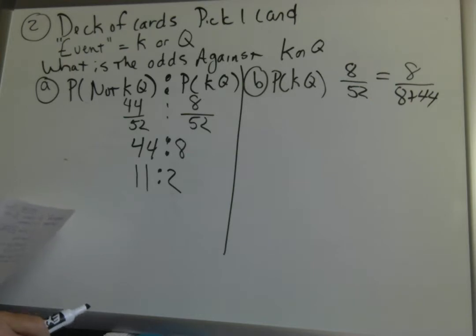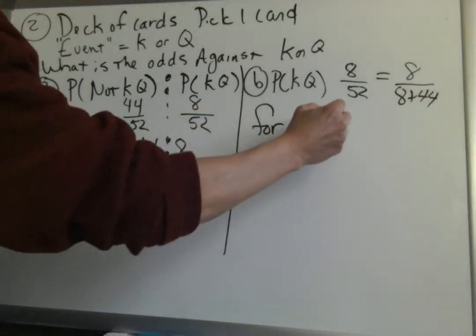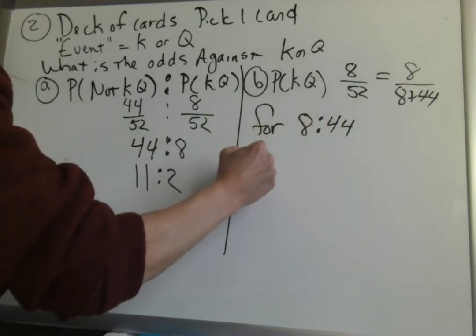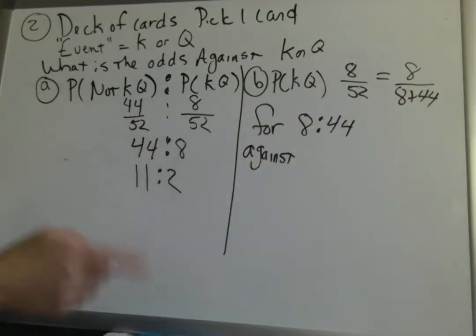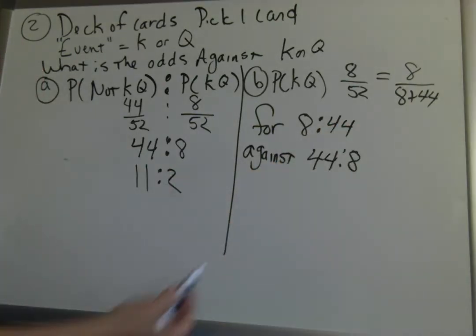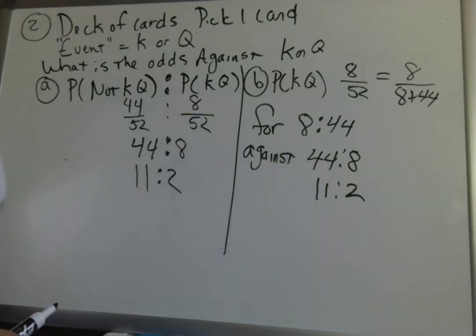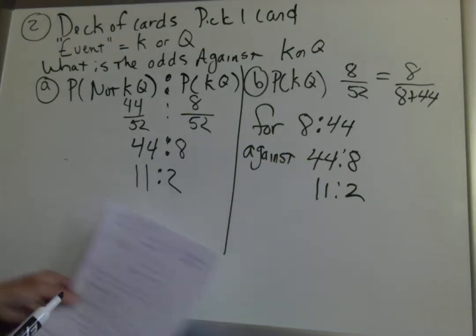Now the odds for would be 8 colon 44. The odds against, which is what this question asked, is 44 colon 8. And again, you still have to reduce. Divide both sides by 4. So there's your 11 colon 2.